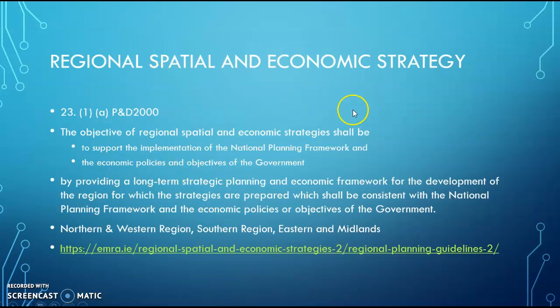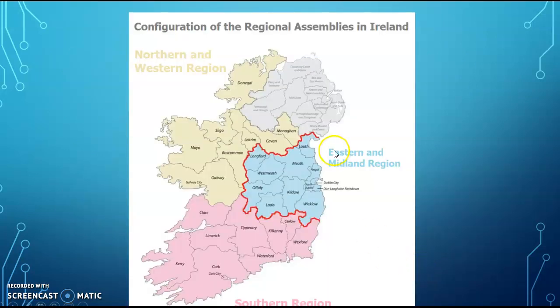The regional spatial and economic strategy then, as we were saying, is a 12 to 20 year plan for one of the three regions, the northern and western region, the southern region, the eastern and the Midlands. So you can see those regions here, or rather 3 regions I should have said, before we had the 6 counties. So the northern and western region is all of these counties here on the upper left hand side of the map.